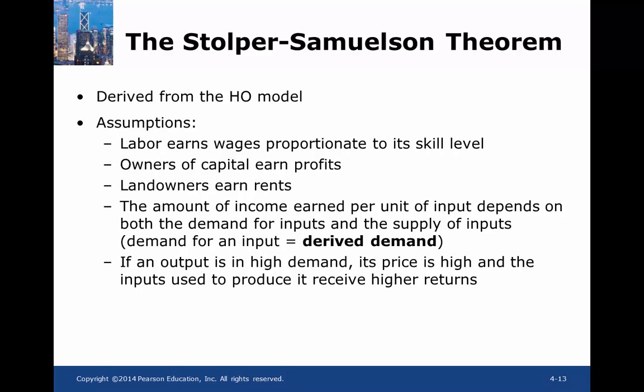The amount of income earned per unit of input depends on both the demand for inputs and the supply of inputs. Demand for an input is derived demand. If an output is in high demand, its price is high, and the inputs used to produce it receive higher returns.